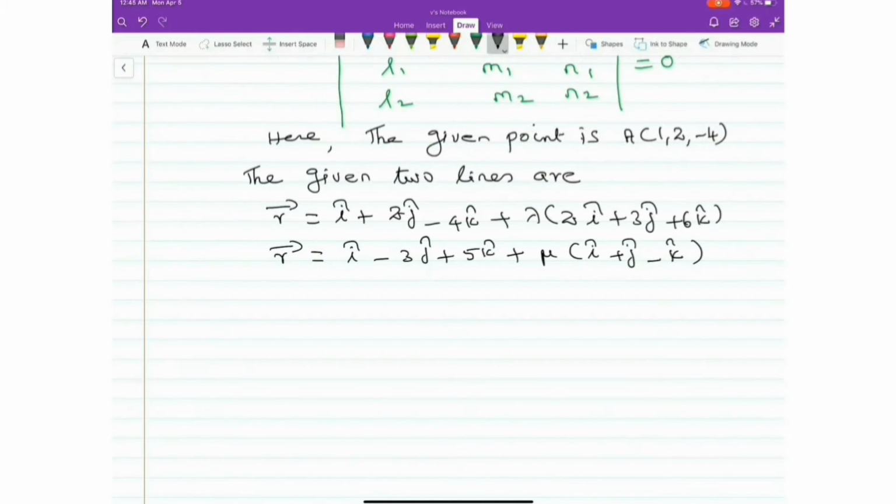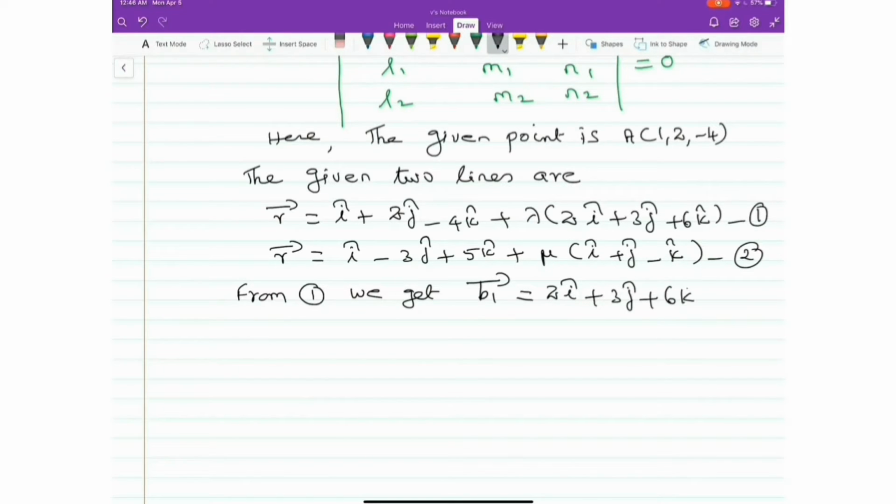Let me name the equation of this line as 1, and the equation of the second one as 2. From 1 we get the B1 vector, the parallel direction, as 2 i cap plus 3 j cap plus 6 k cap.